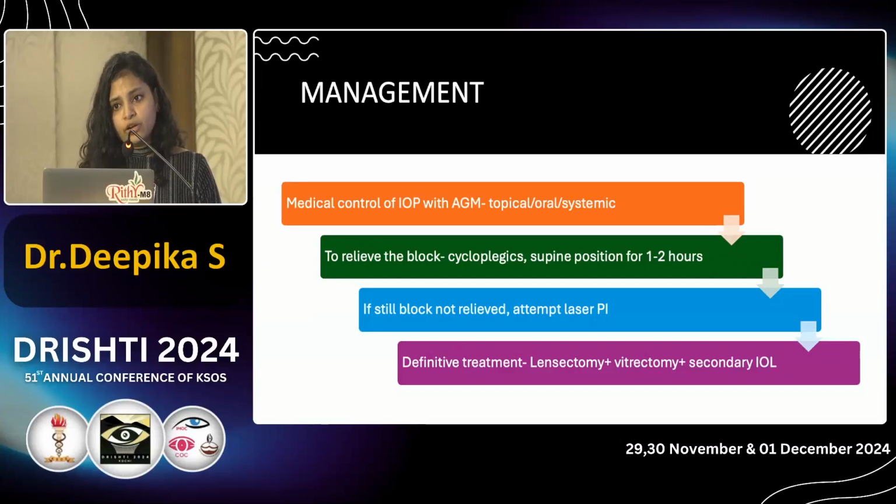Once you give a strong cycloplegic and make the patient lie supine for 1 to 2 hours, sometimes the pupillary block gets relieved in microspherophakia and the lens goes back to its original position. If the block is still not relieved, you can attempt laser PI. But the definitive treatment in any microspherophakia case is lensectomy and vitrectomy with secondary IOL, because they can have intermittent attacks again, and sometimes the pupillary block cannot be relieved by any method.